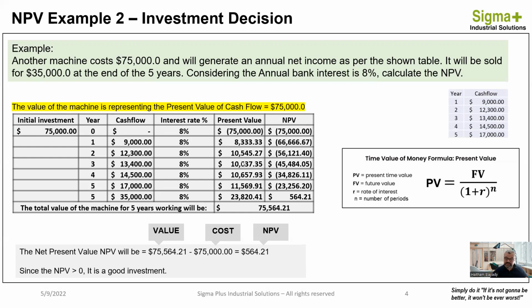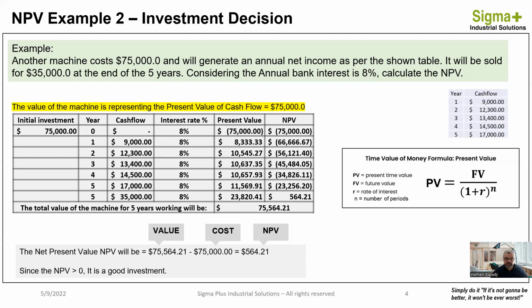As explained, we calculate the sum of the present values of all the future cash flows. Again, I will sell the machine at the end of the project after 5 years for $35,000, which has a present value of $23,000. The total sum of the present values for the 5 years of future cash flow is $75,564.21.